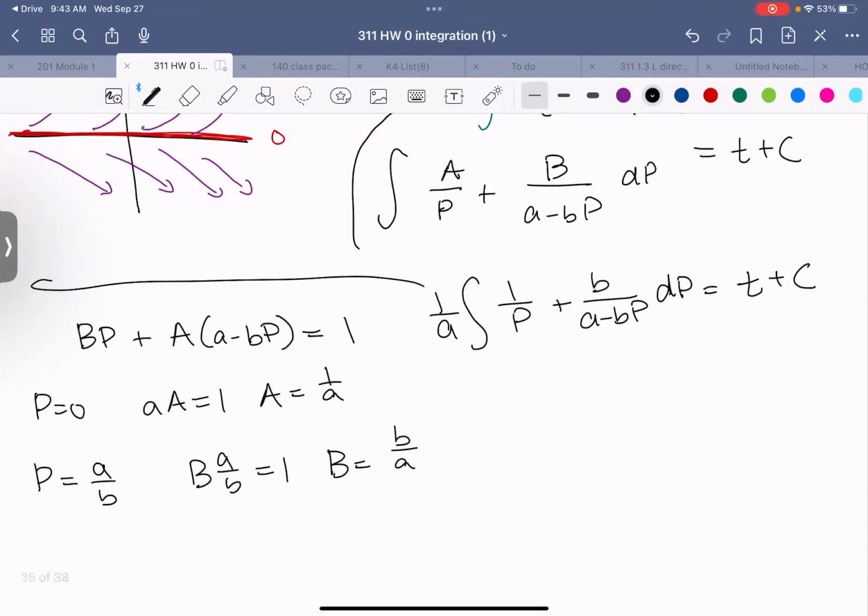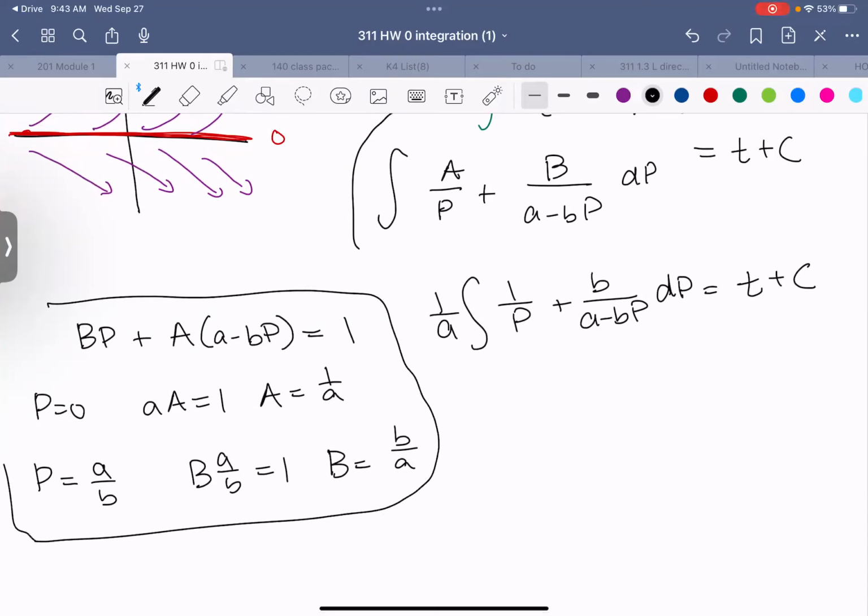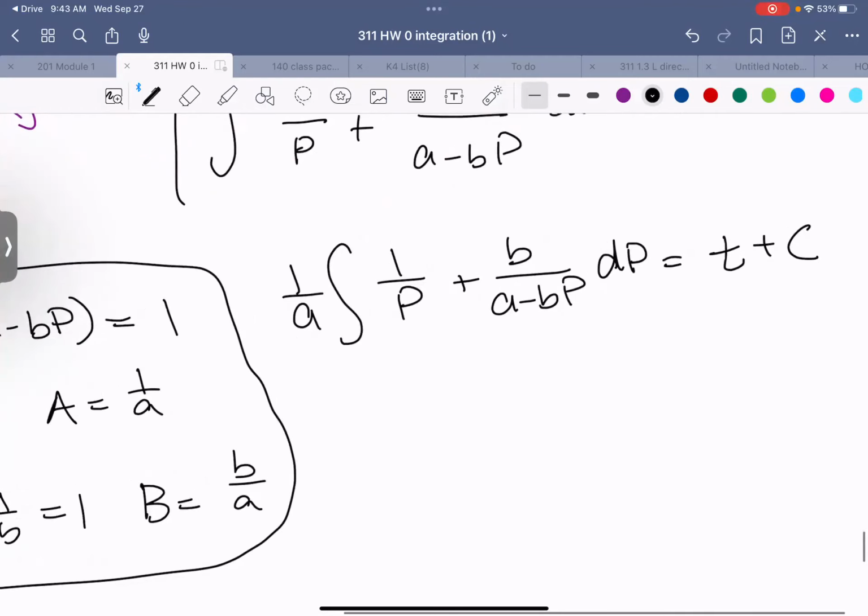From here, I can actually multiply the a to the other side and make this a t plus a constant. So I don't have to worry about that fraction. And then this becomes the natural log of p. And I don't really need the absolute values because we're talking about population here.